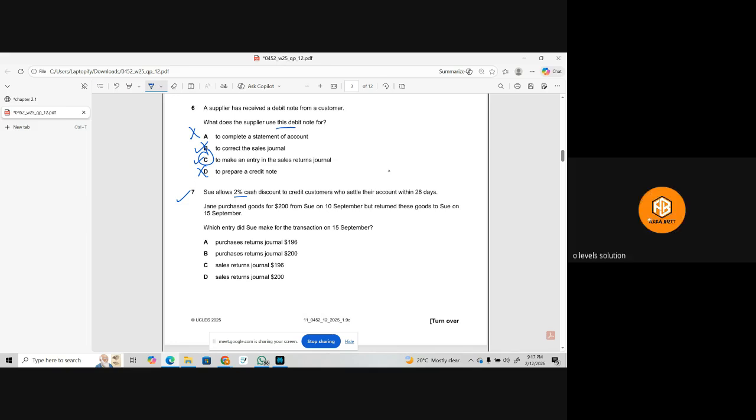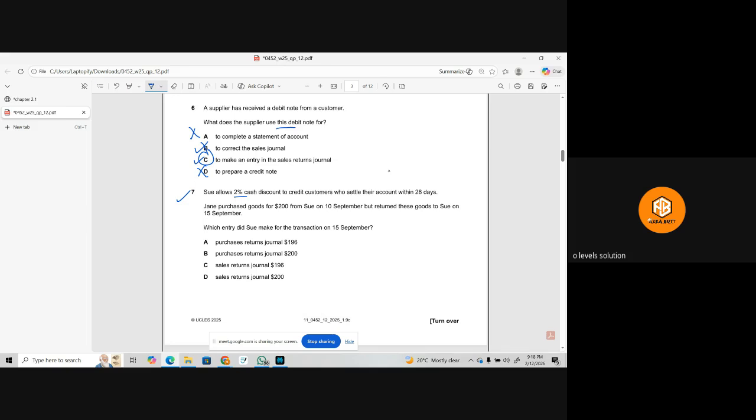So Jane basically returned the goods. This is a sales return for Sue, of course. So returns are recorded at the original invoice value, not after discount. The discount only applies if the payment is made, which did not happen. So most likely the D answer is correct.